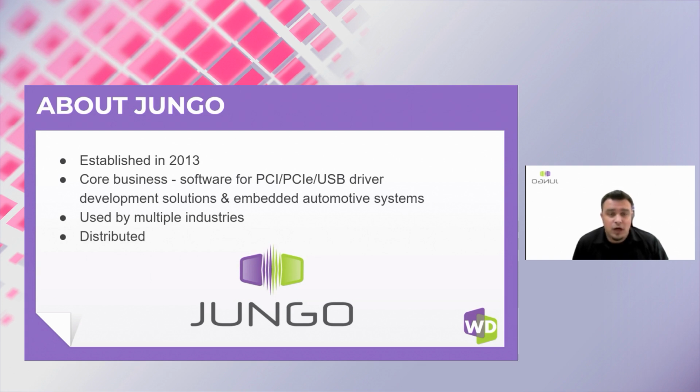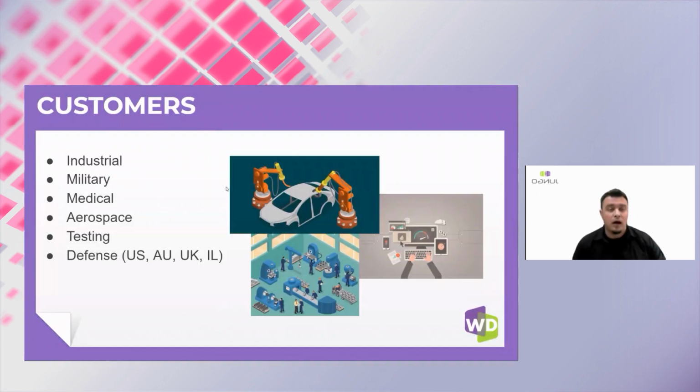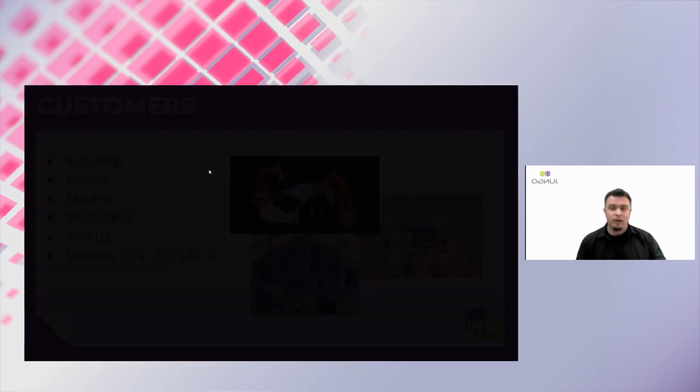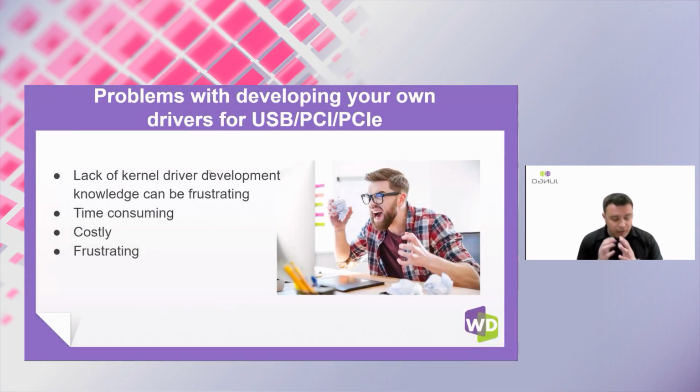Jungo solutions are used by multiple industries, while WinDriver has been a part of Jungo since the beginning of the company. Jungo solutions are distributed all around the world. Our customers can be found in every corner, starting from industrial products, military and defense industries, medical equipment, testing equipment, and even aerospace.